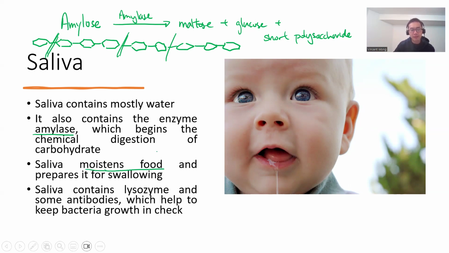It's very difficult to swallow things that are dry. It's also prone to choking if we don't have food that is moist. And we learned in Unit 3, Lesson 3, that saliva contains lysozyme and some antibodies, and that helps to control the bacterial growth in the mouth.